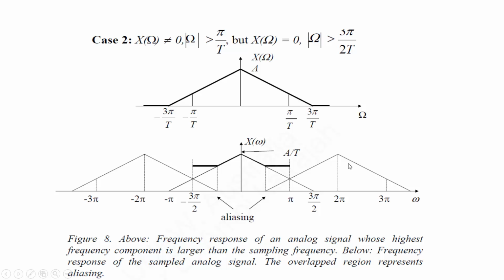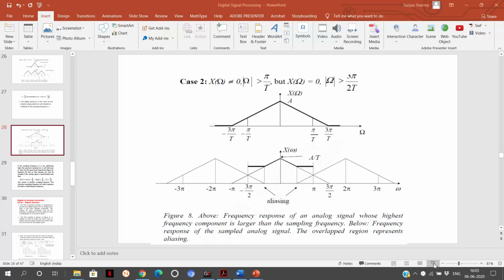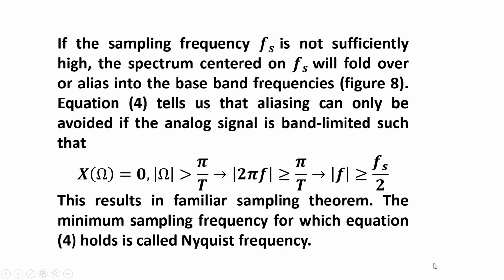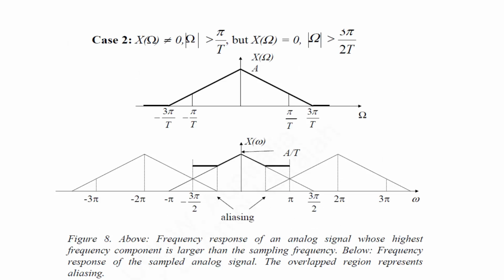Now the repetitive portion of the spectra will overlap with the consecutive replicas. Therefore, this is known as aliasing: the frequency response of an analog signal whose frequency component is larger than the sampling frequency. Now this below diagram shows the frequency response of the sampled analog signal; the overlapped region represents aliasing.